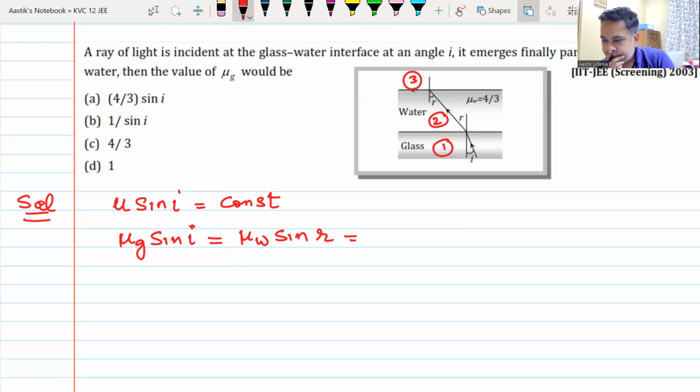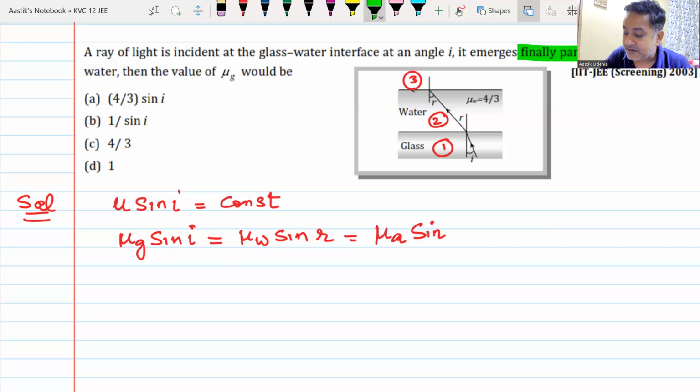That will be equal to mu of air, number 3, multiplied by sine of the angle in air. And what is the angle it makes in air, my dear friends? It emerges parallel to the surface. That means the angle is 90 degrees.